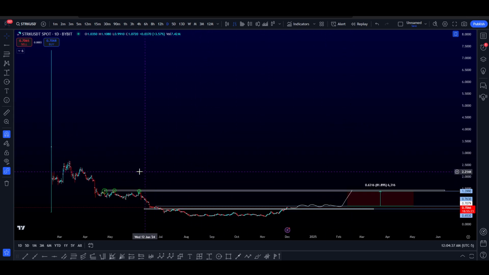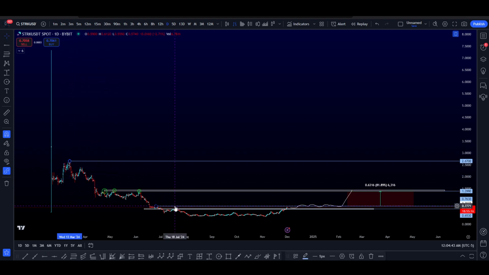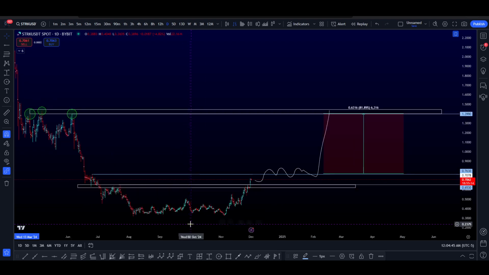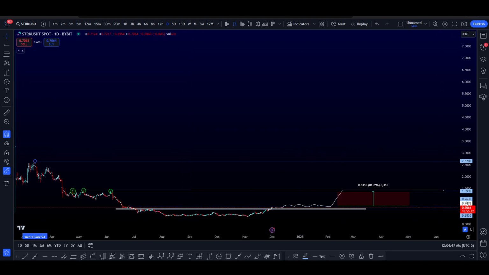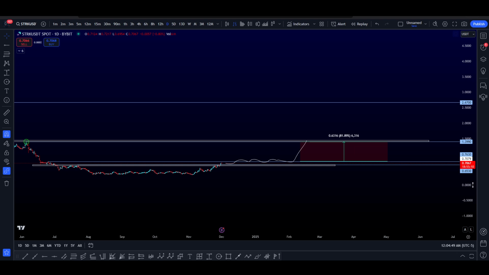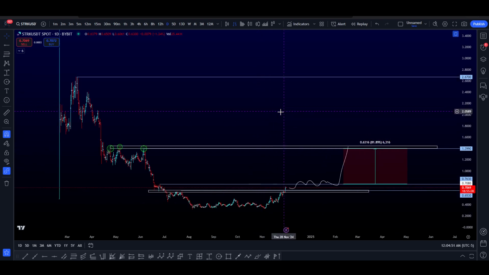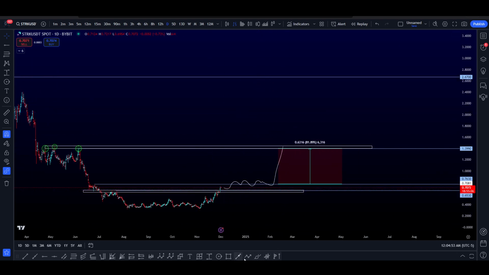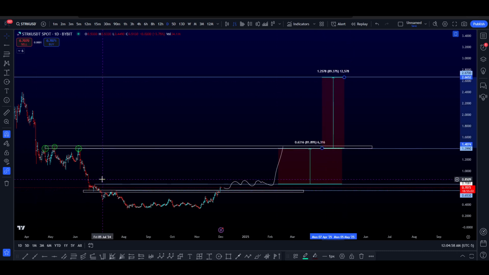And then obviously once that happens, we have a couple pivots, but then I'll just keep my eye on the overall highest pivot high, which sits at around $2.67, right? So with that being said, if we flip this next level into support, you're looking at here another 90% gain.